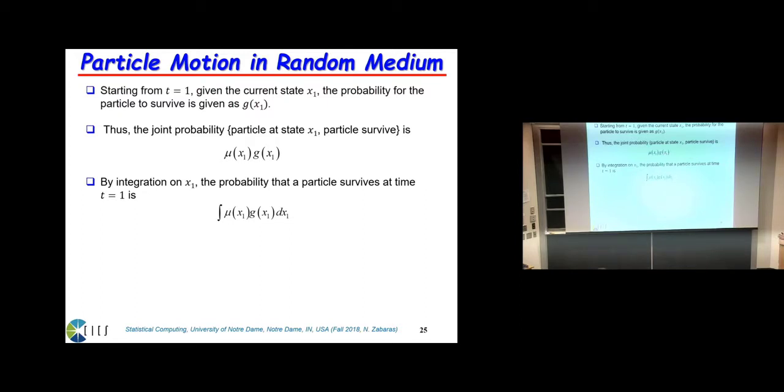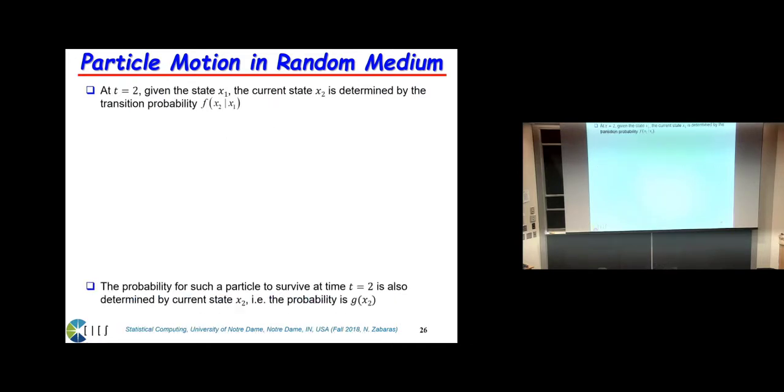If the particle is going to survive at time 2, it has survived at time 1, so we have all of the things you see already there, and now it has to survive at time 2. Given the state x2, first I need to select x2 given x1. That's my transition model, and then given x2, the particle has to survive, and that probability of survival is g of x2. And then I have to average on x1 and x2.